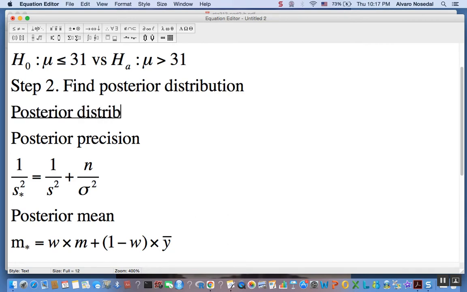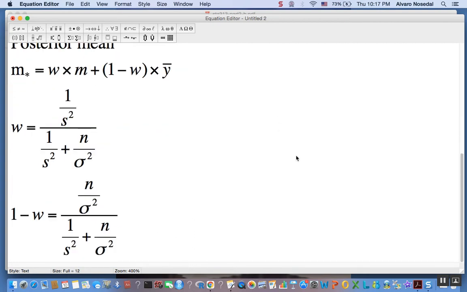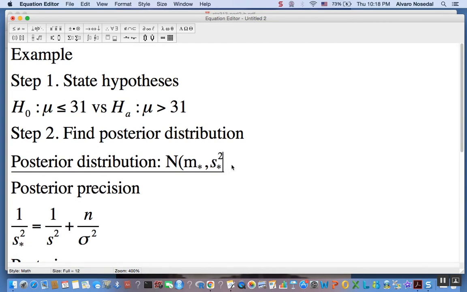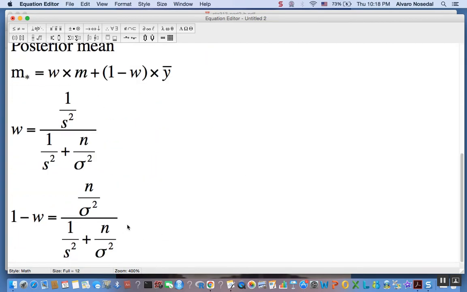Posterior distribution, normal, parameters m star, that's the mean, variance s star squared. Okay, we good? Okay, so that would be step 2.